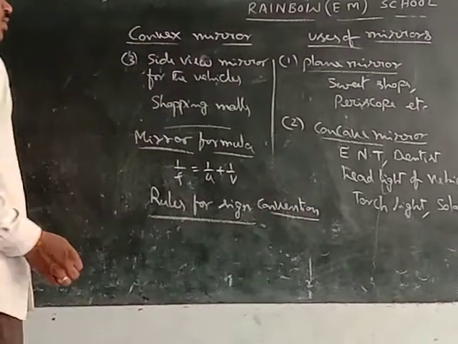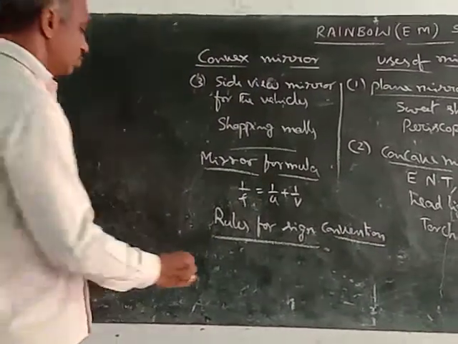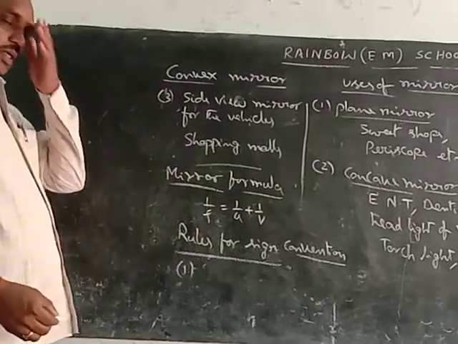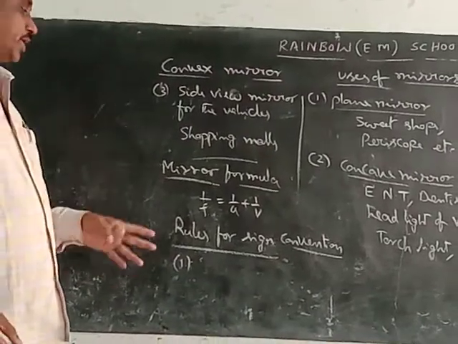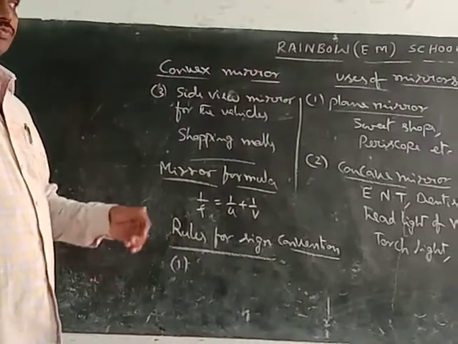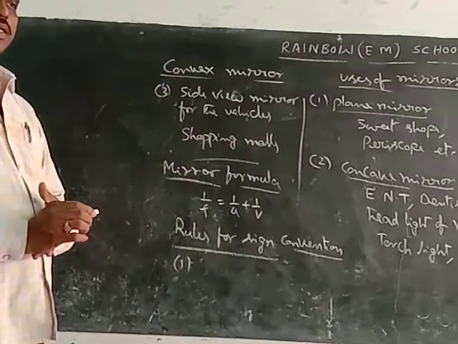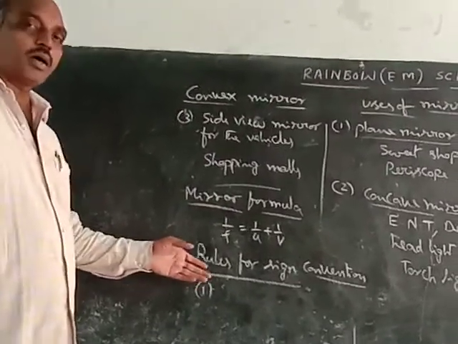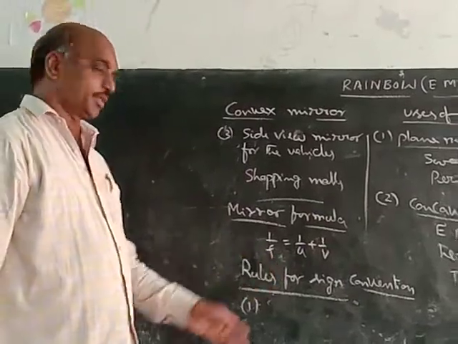Rules for sign convention: two rules are there. First one is, distance measured in the direction of light ray is positive, and opposite to the direction of light ray is negative.